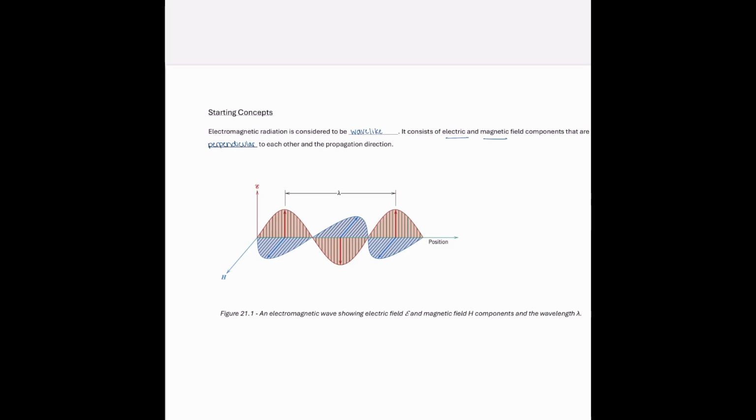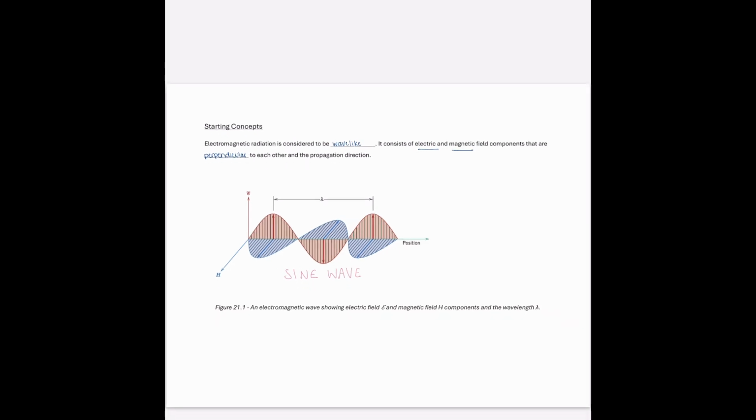We can see here a bit of an example, and to me, it kind of looks like a sine wave, one may say. Yeah, so what we have here actually is an electromagnetic wave, which shows the electric field. So we'll highlight the corresponding variables.